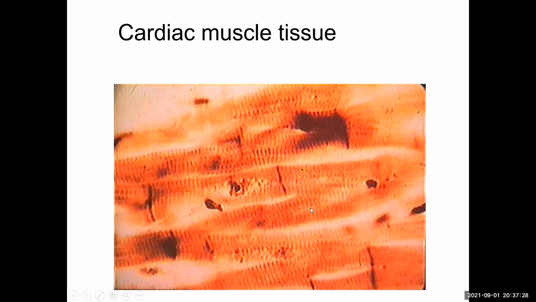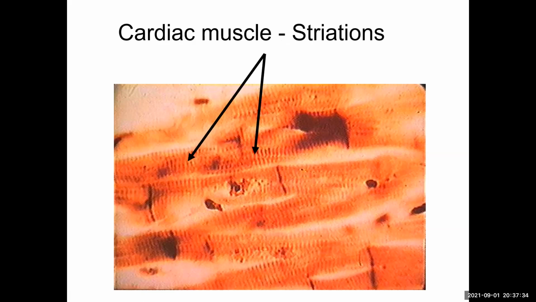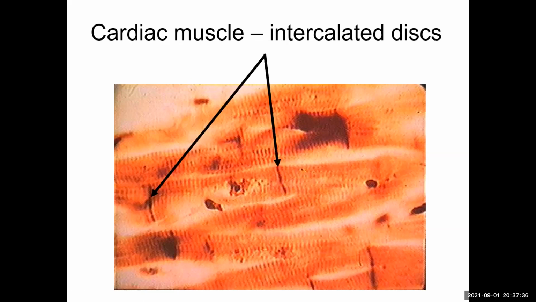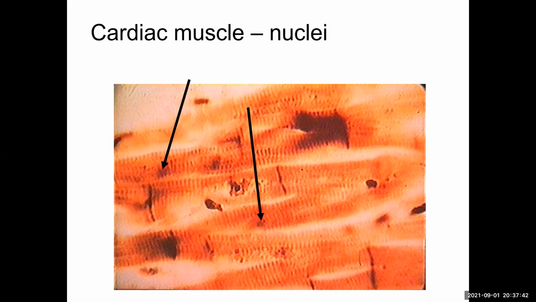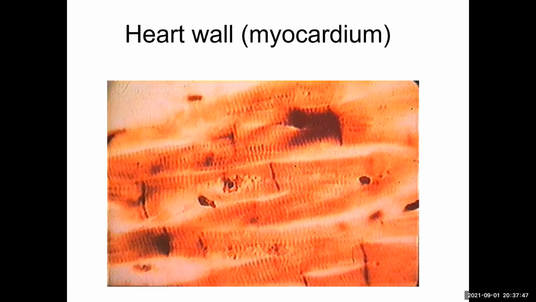It has these striations and it has these darker lines. Those are called the intercalated discs. So there are striations. Here are the intercalated discs. All right, then a couple nuclei. And of course, we'll find this in the middle layer of the heart wall called the myocardium.